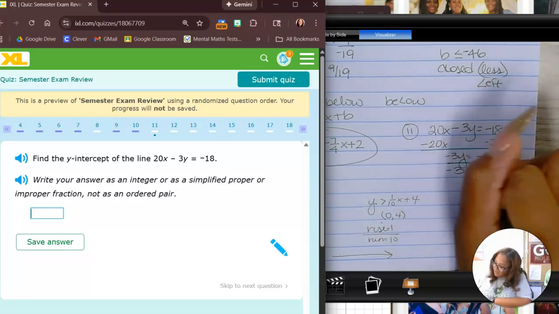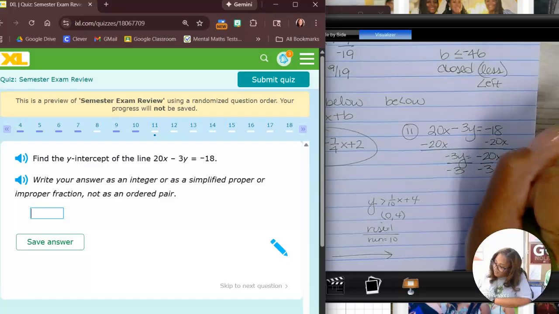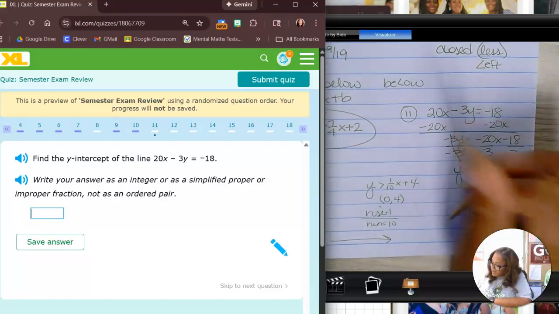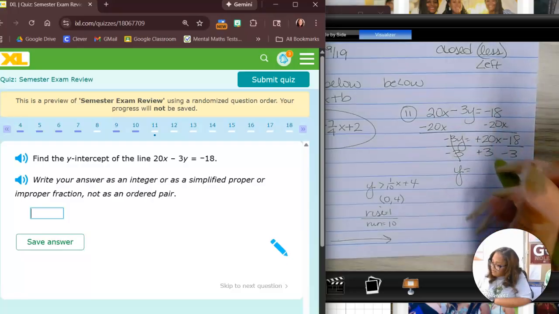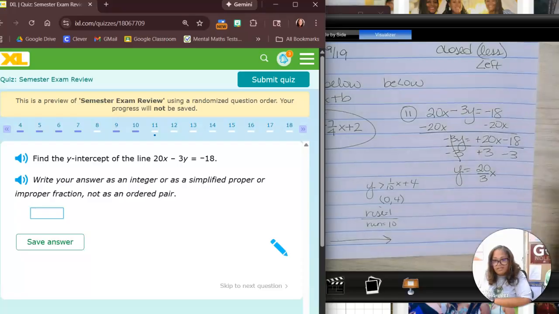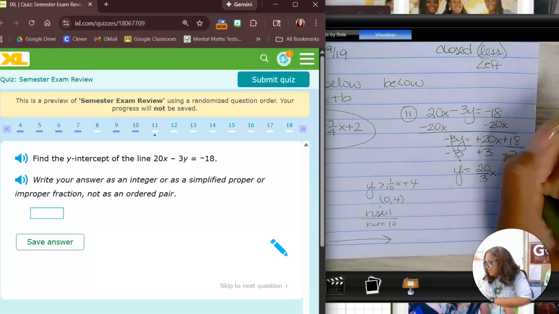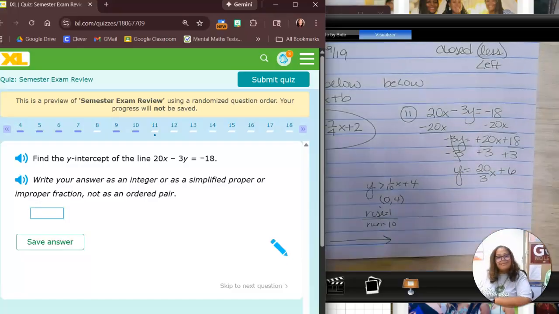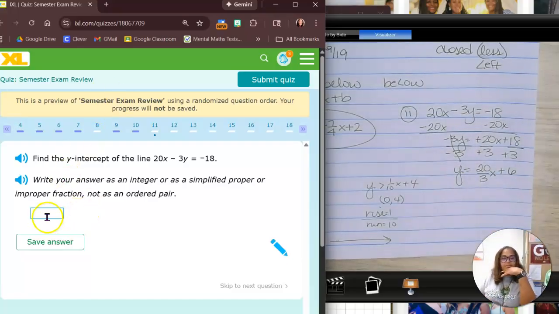Divide by negative 3, divide by negative 3, divide by negative 3. Y equals, these cancel out. This is 20/3. That is what it would be simplified in Desmos. And then these cancel out and become positive, and 18/3 is 6. So the y-intercept is 6, and that's it.